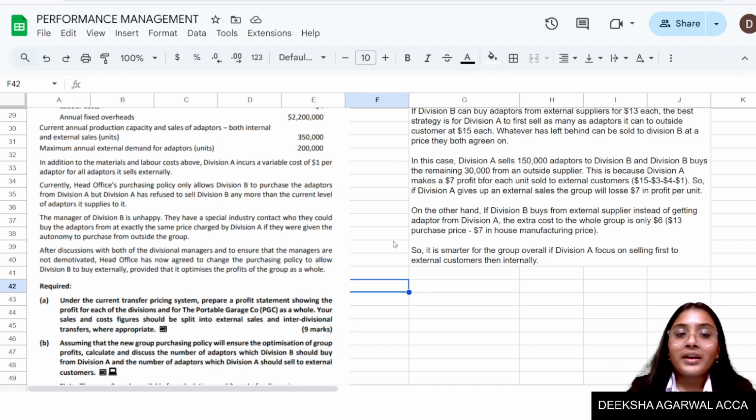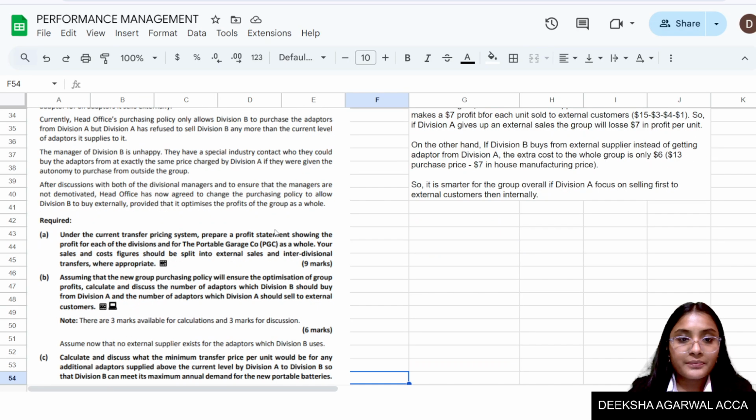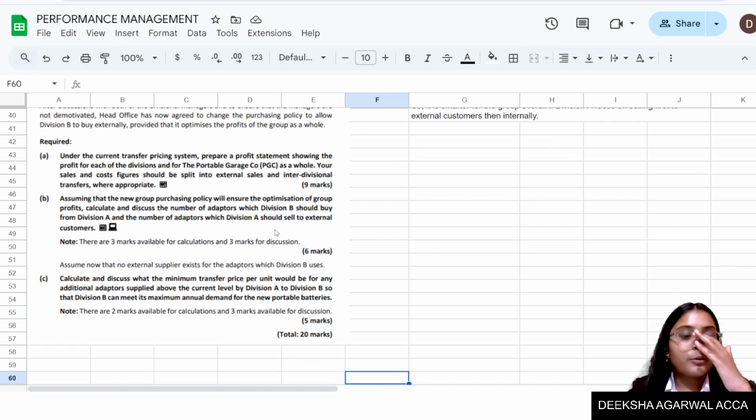Now, moving ahead, I am supposed to do my part C last. For 5 marks, calculate and discuss the minimum transfer price. Similarly, you will be writing here. The calculation will not be too huge.